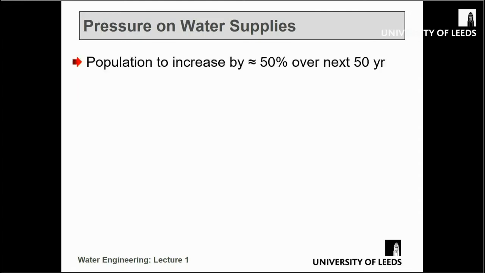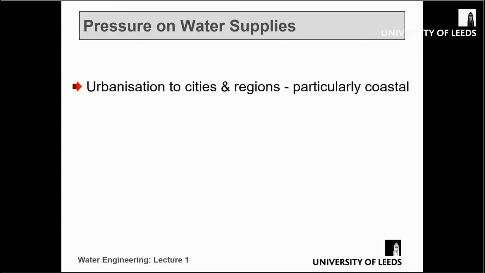Population increased by over 50% in the next 50 years. Urbanisation is causing huge problems. You might think that because it's a smaller area, you can get more water there, but urbanisation causes more disease problems.